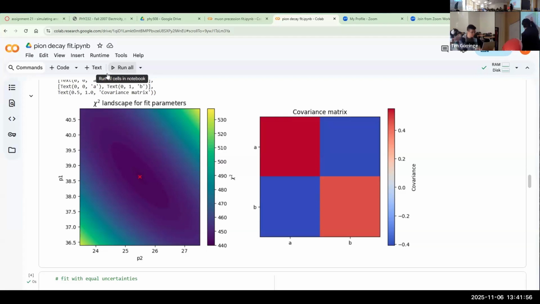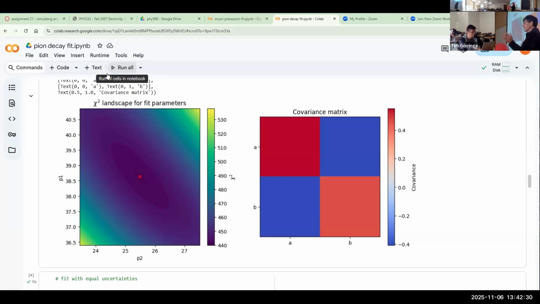This region here is the chi-squared as a function of the parameter landscape. The horizontal axis is lifetime. The vertical axis is the normalization parameter. These are the two parameters in the fit, parameter one and parameter two, and we're seeing the value of chi-squared as a function of these two parameters.